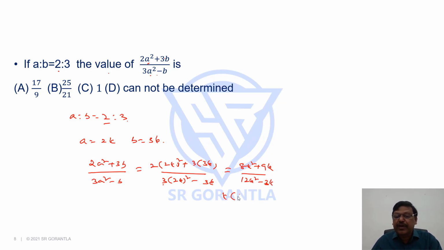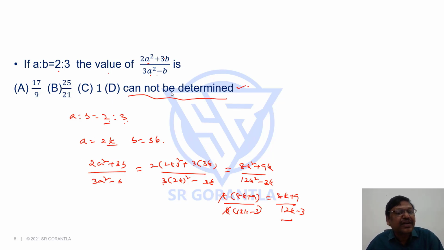If I take k common, 8k plus 9. If I take k common, 12k minus 3. So the answer is 8k plus 9 by 12k minus 3. But we don't know what is k value. K can be anything. If it is 1, that means if the numbers are 2 and 3, I'll get 17 by 9. If k is 2, you get a different answer. For every different value of k, the result will be different, means we cannot answer the question. The answer is cannot be determined.